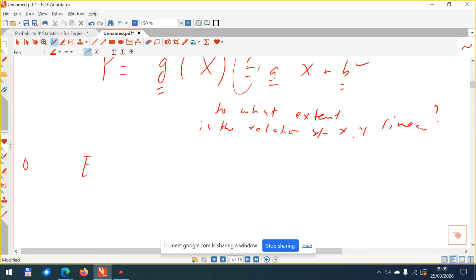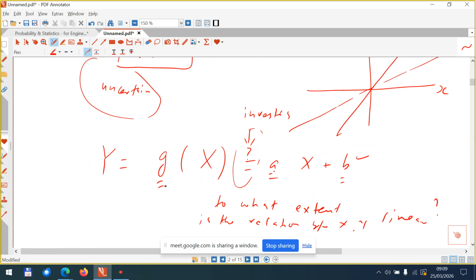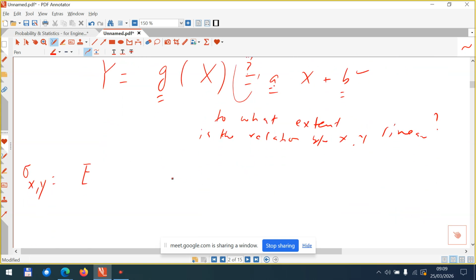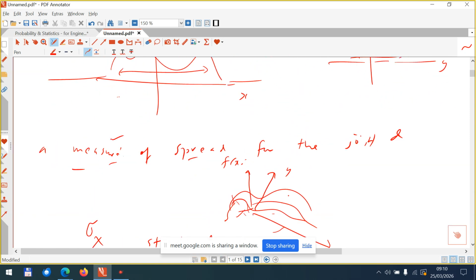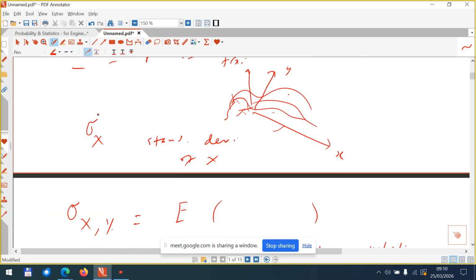If I'm looking for this sigma xy, this will be the expectation of simply, and we're not just looking for x for the relationship. We also want how the deviations, because after all we want a generalization of the variance.